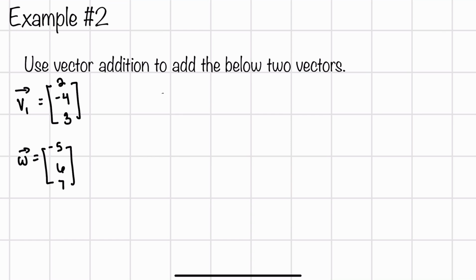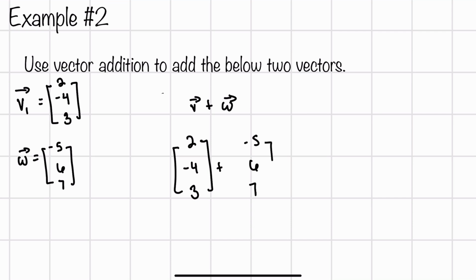So looking at an example of this, use vector addition to add the below two vectors. So we have vector v1, which is equal to 2, -4, and 3. And then we have vector w, which is -5, 6, and 7. So adding these together, let's go ahead and add our first row, which is 2 minus 5.